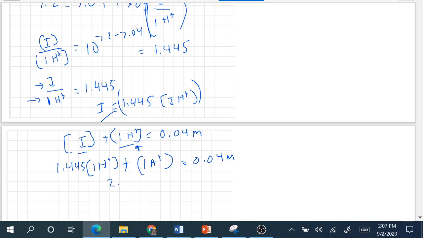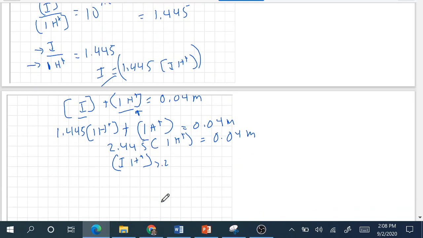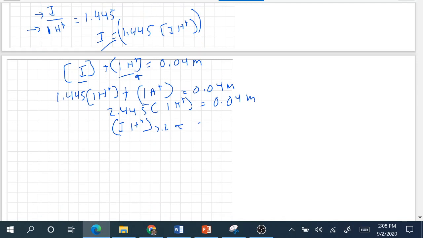So 2.445 times IH plus is equal to 0.04 molar. So IH plus at pH 7.2 is equal to 0.04 molar divided by 2.445, which is 0.0164 molar. So that's the amount of this imidazole group that we need to react with the acid in order to get the pH that we want.